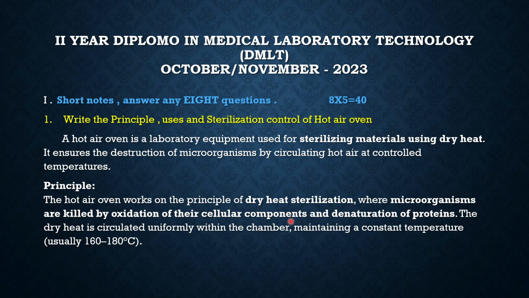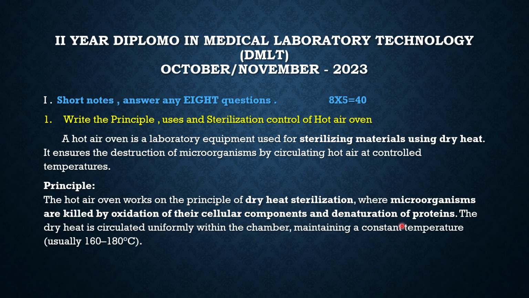Throughout the equipment, dry hot air is circulated, which will cause oxidation in the cellular components of the microorganisms, and it also denatures the proteins in the microorganisms. As a result, the microorganisms would die. Denaturation here means changing the structure, or destroying the secondary and tertiary structure of the proteins.